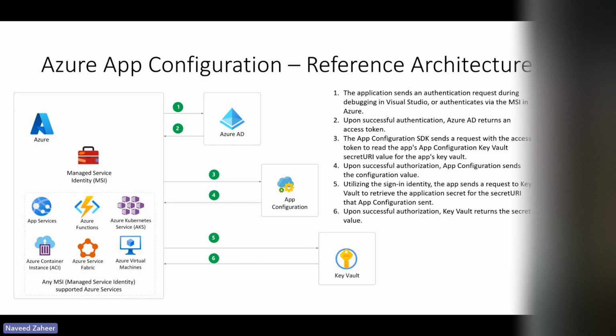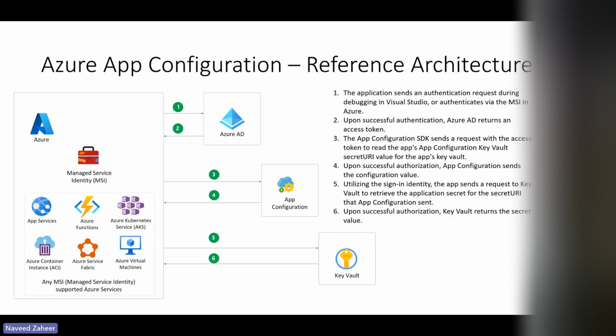So what happens is, first it uses the managed identity to get a token from Azure AD. Then it makes the call through managed identity to Azure App Configuration. It validates the token and gives back the configuration value, and let's say that configuration value has a Key Vault secret URL.